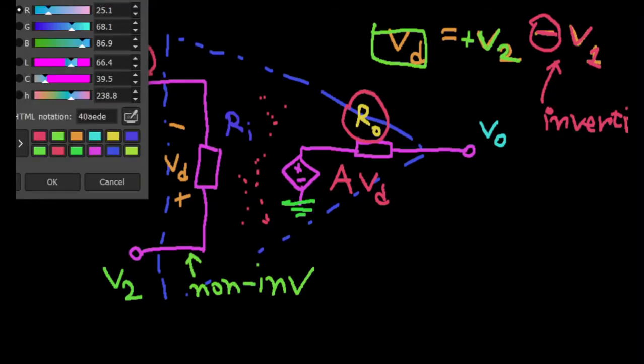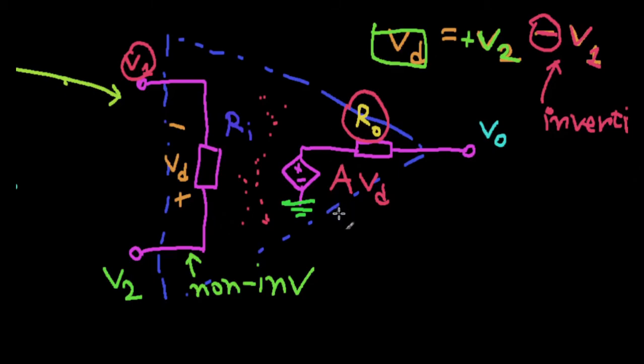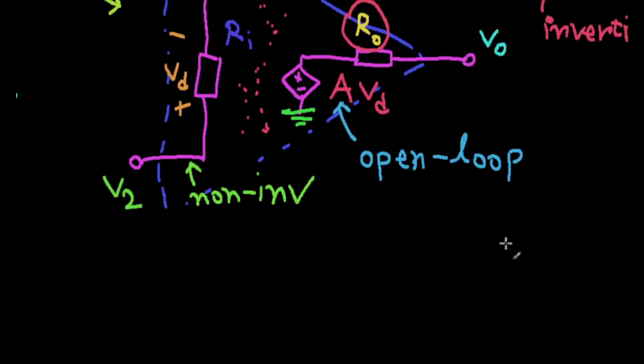It's the factor by which you're multiplying your voltage difference. It's called the open loop voltage gain.